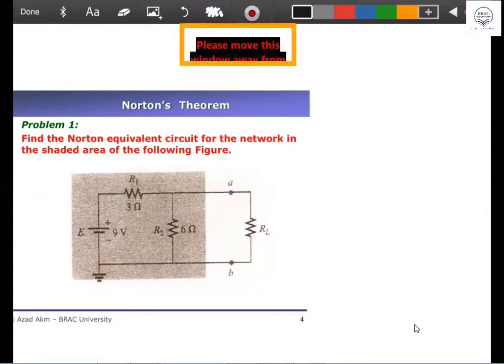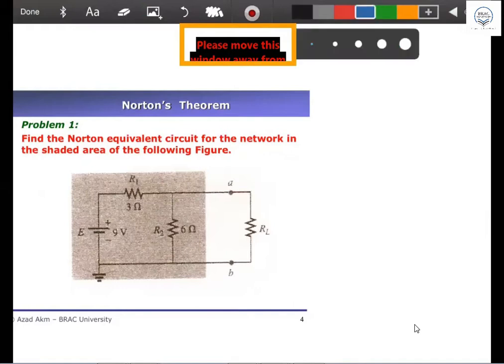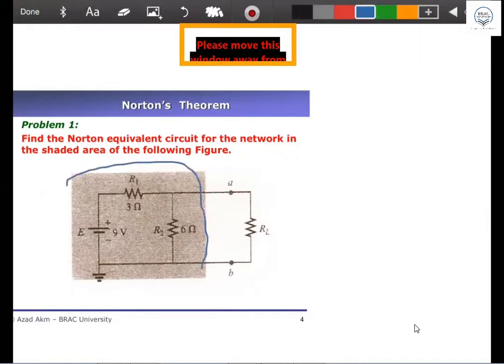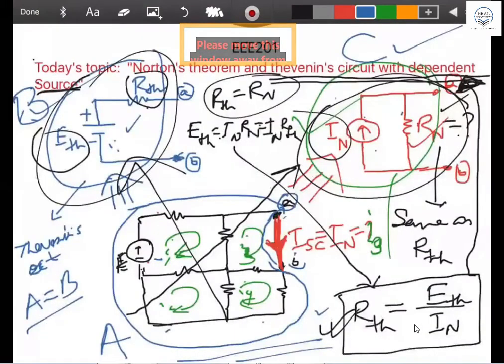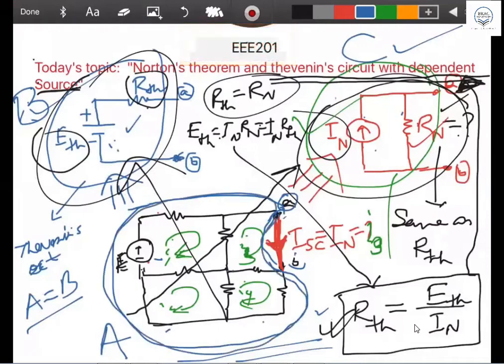Now look at it. If I say find the Norton equivalent circuit for the circuit shown, that means the circuit inside this blue circle, the blue contour. Look very carefully.